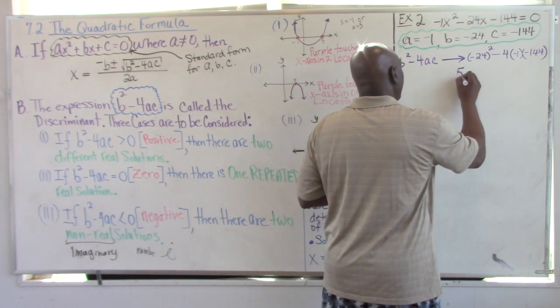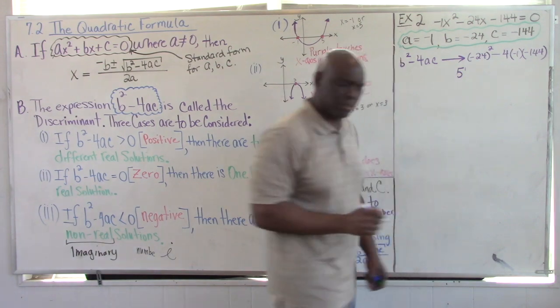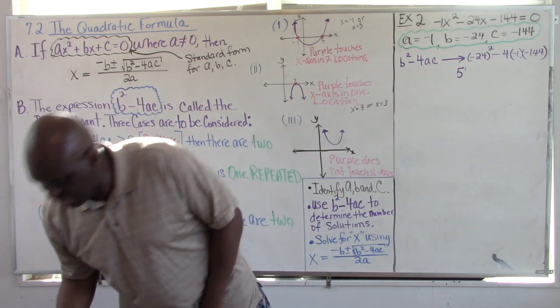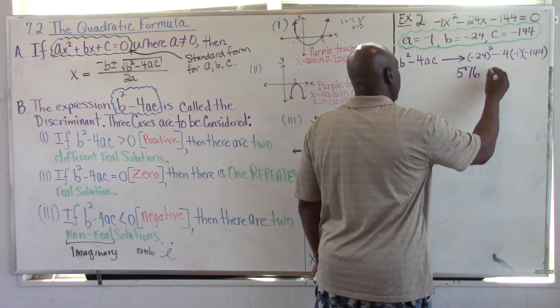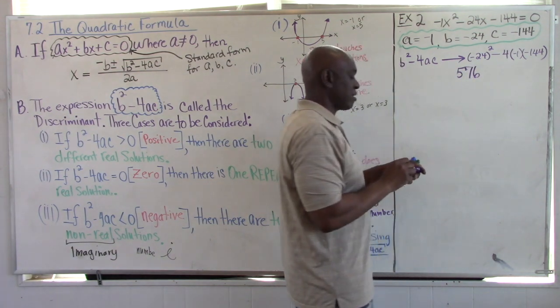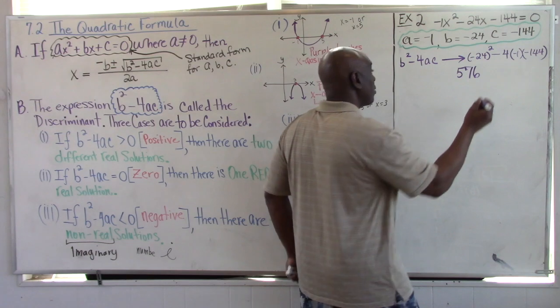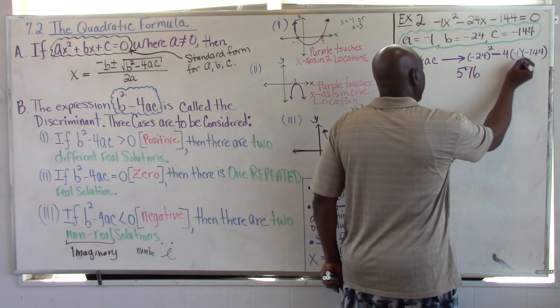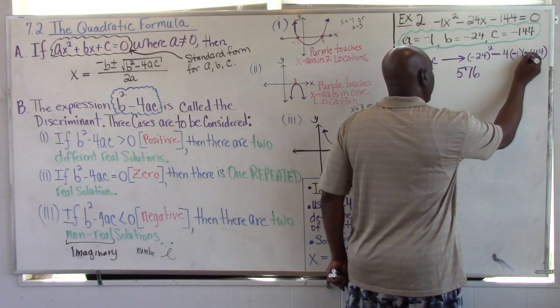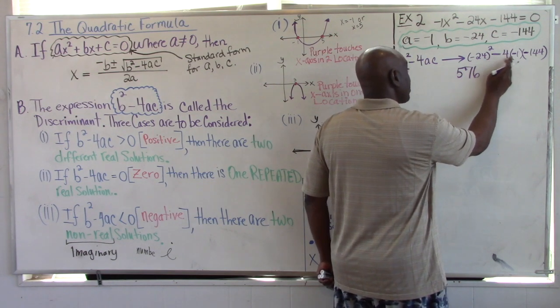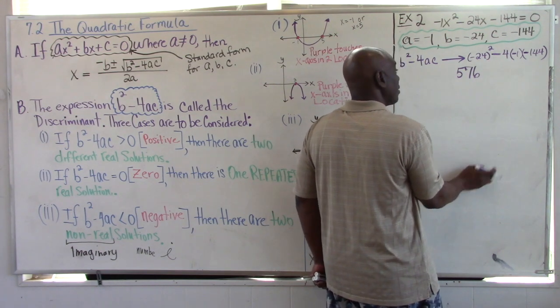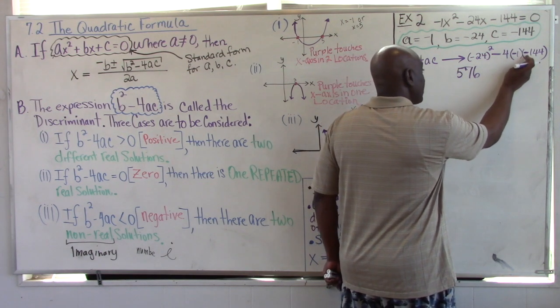So we have 576. All right, look at our signs here now. We have a minus sign, and a negative, negative. A negative times a negative is a positive, and a positive times a negative is a negative.